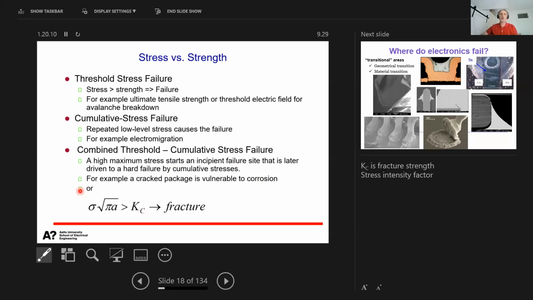Okay, let's not go into more details on that, because that's just a way to describe that if you have either growth of defects or increase in the stresses, then the combination of this leads into exceeding the fracture toughness of a material, and that then causes a failure.